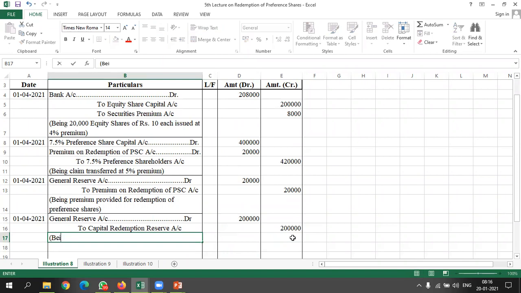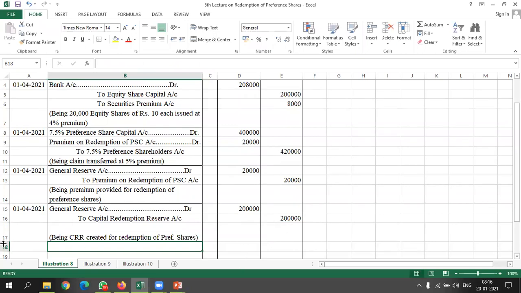So here we will write: being CRR created for redemption of preference shares.